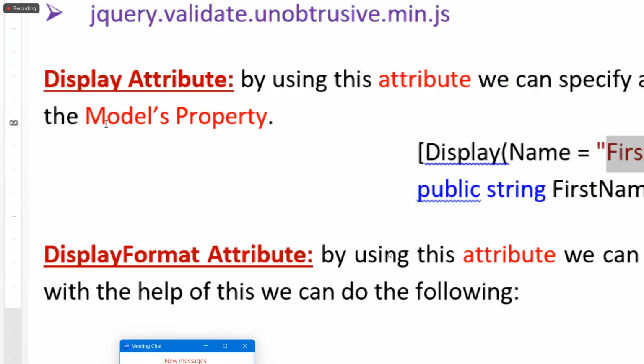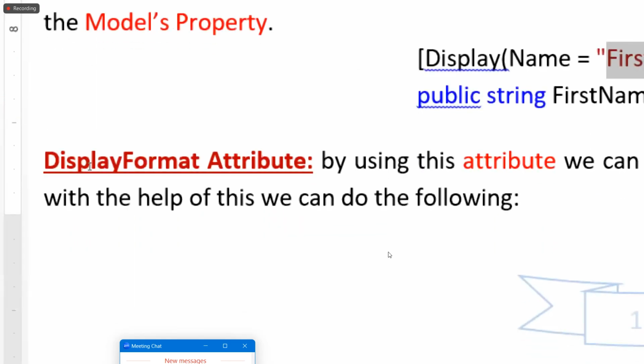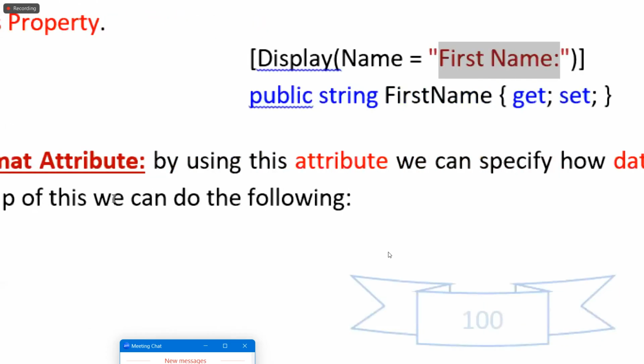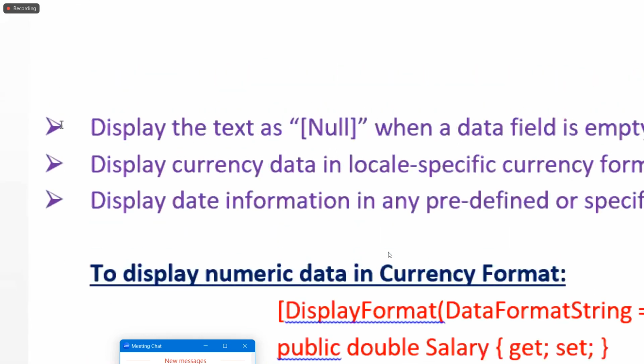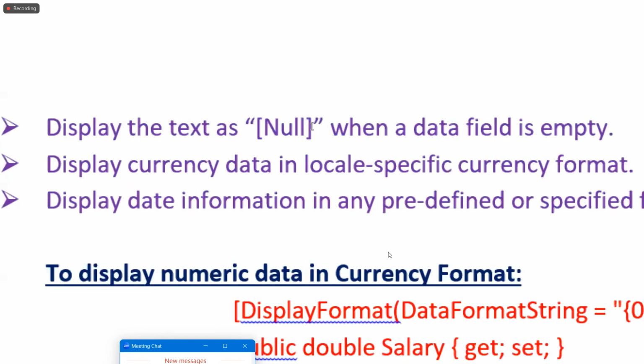What is the second one? What is the DisplayFormat attribute? Basically, it is used for defining formats. Three things we can do here, guys. First, the null display text, what it has to show when null.